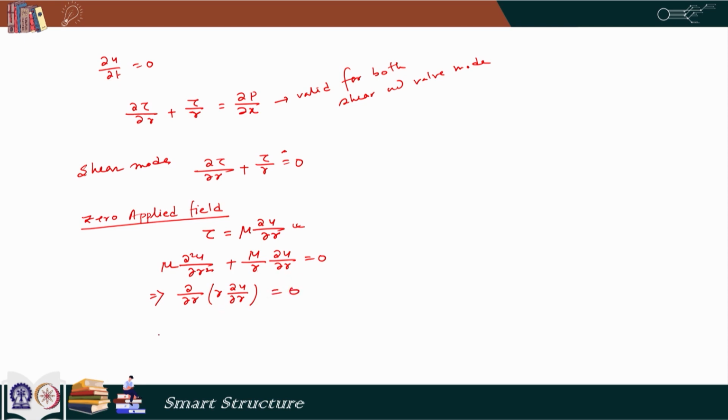Now, I can integrate this equation, and integrating we get u as a function of r as a natural log of r plus b, where a and b are the constants, and then we can apply the boundary conditions. So, the boundary conditions are at r is equal to r I, we have velocity equal to u 0.